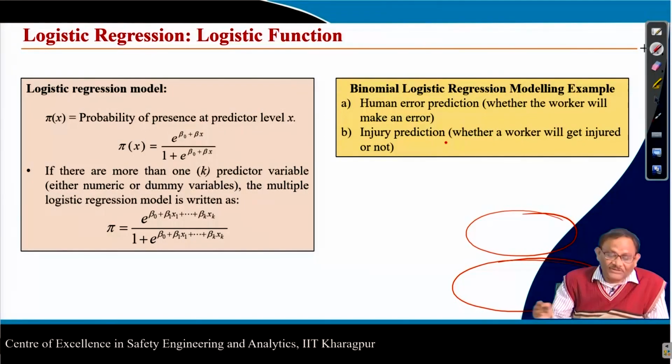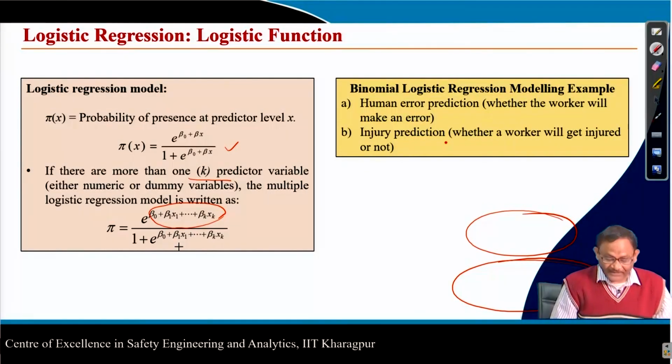In the first equation or first model, we consider only one x, that is why e to the power beta 0 plus beta x. In the second one, you consider more than one, k predictors, so that means e to the power of this, which is basically beta 0 plus beta 1 x1 and so on, and this is the formula.